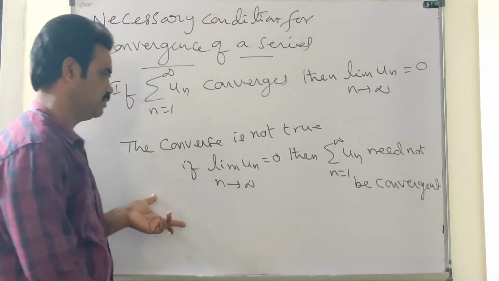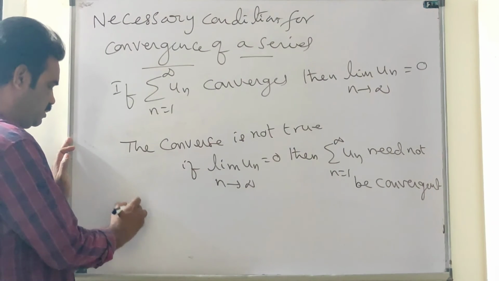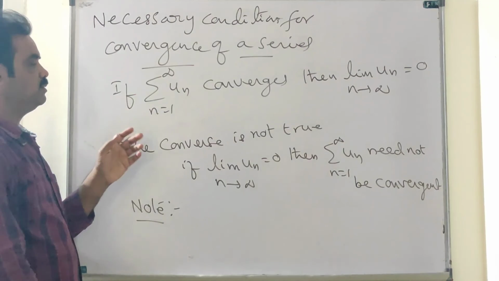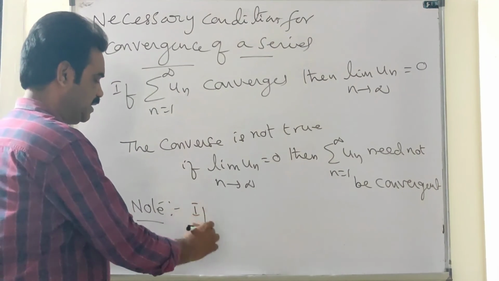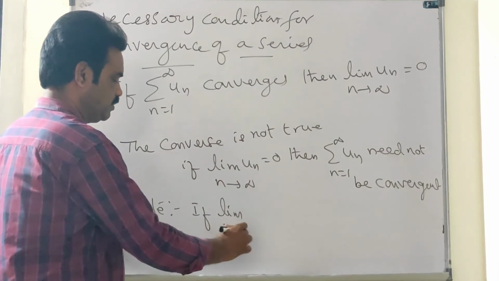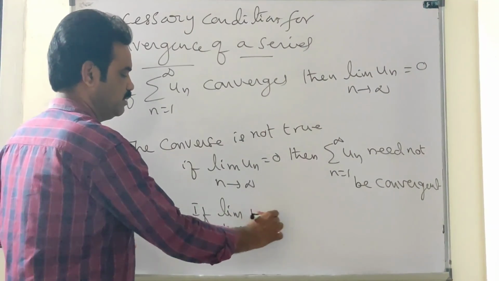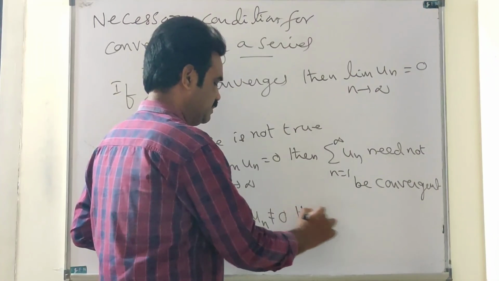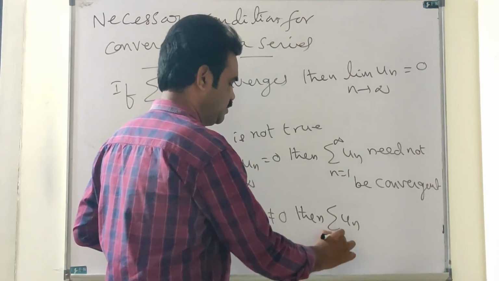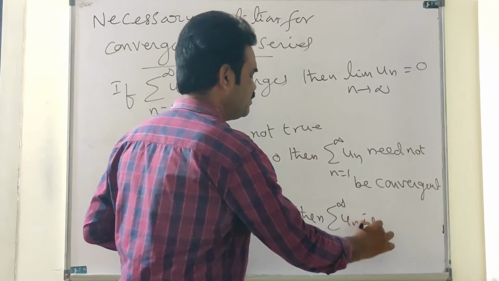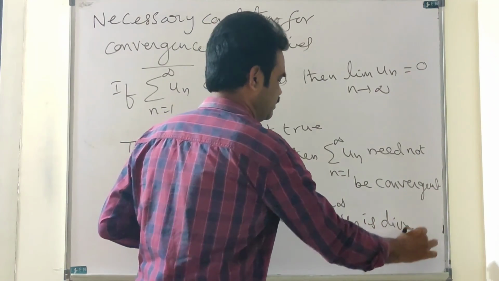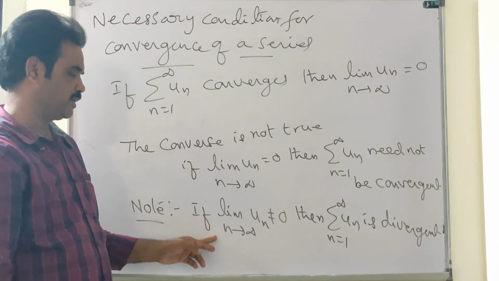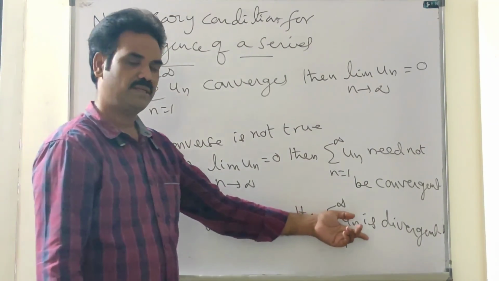And note, now, if limit n tends to infinity un not equal to 0, then the series sigma un, n is 1 to infinity, is divergent. This is the contrapositive of this statement. If limit un not equal to 0, then the series is divergent.